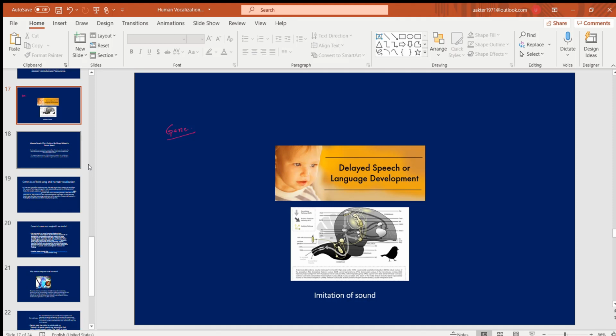Okay, and the most prominent gene is FOXP2, which is found in many vertebrates, where it plays an important role in the birds, songbirds, and also in echolocating bats.